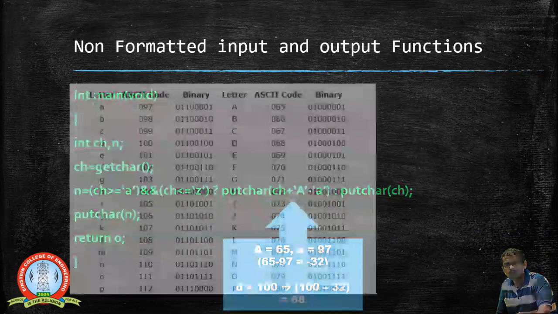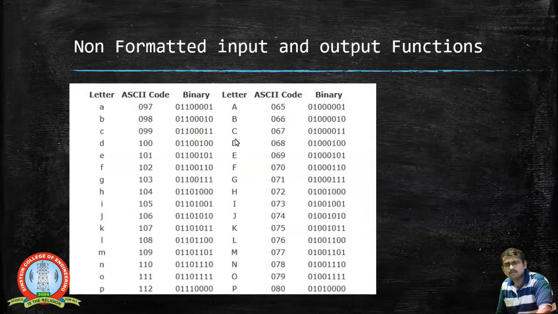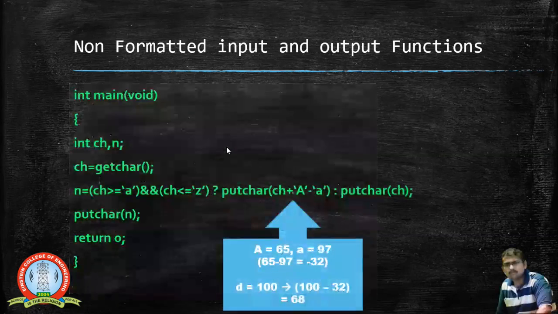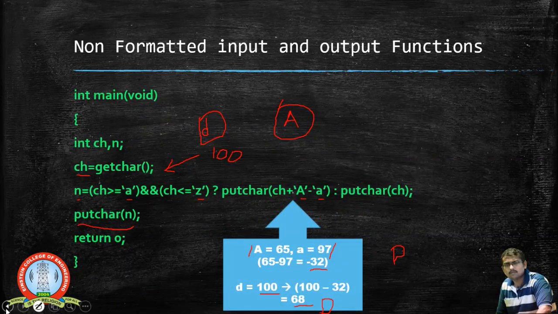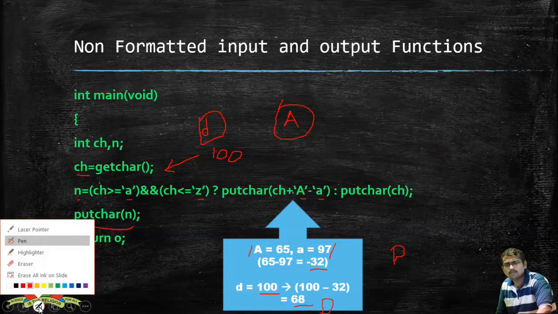The 68 ASCII value is the ASCII value of D. So what I entered there is the small letter d, and it is automatically converted into a capital letter D. So this is a program to convert the entered lowercase character into an uppercase character.